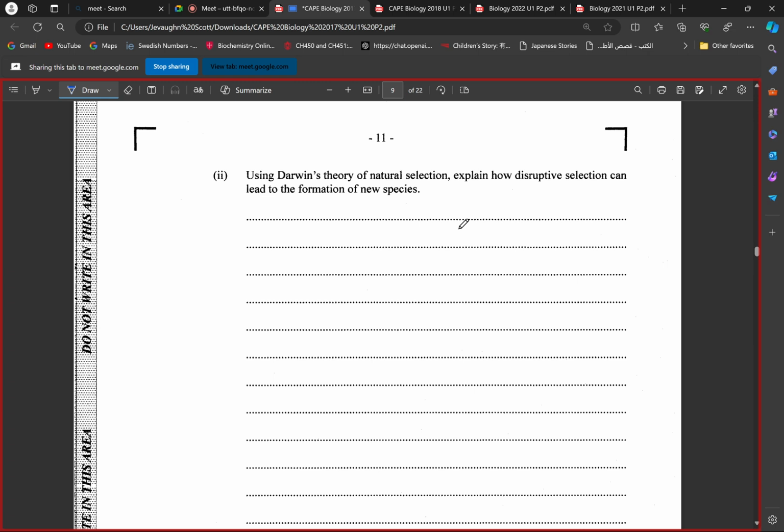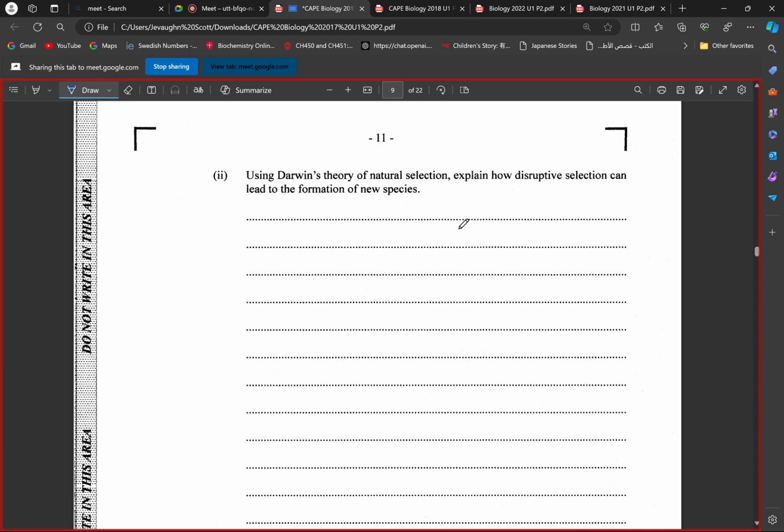If we have a selective pressure selecting against the average size of an organism, for example, what was above there, selecting against the average trait, we're going to disrupt the traits within the population, favoring the two extremes. And we know that natural selection is time based. So if these two extremes are selected for over a long period of time, this may result in some amount of speciation, the divergence of two separate groups within one species that in time becomes two separate species.